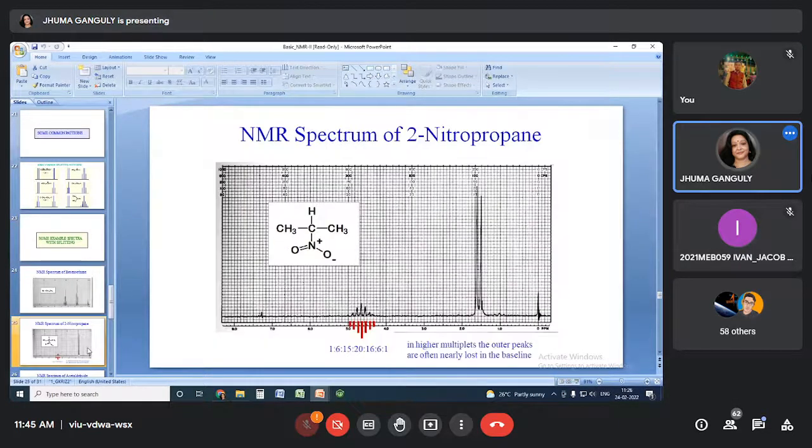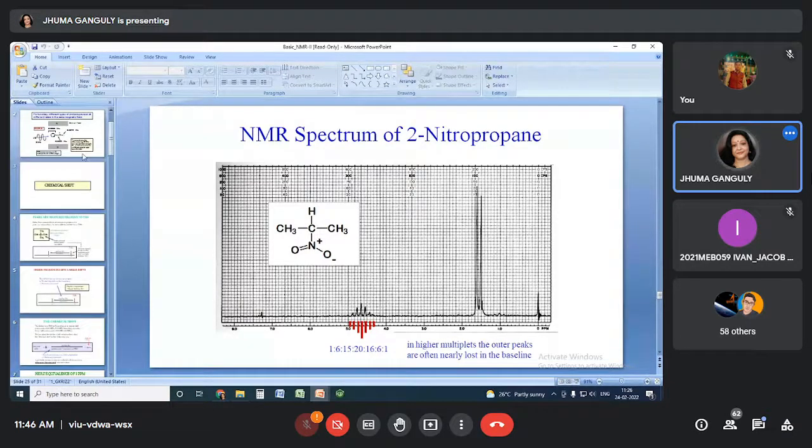Here you have an ethyl nitro propane. So how many protons are here? One proton here, and there are 6 protons here. Different. So this is an NMR spectrum. We'll see slowly, lots of examples are there.